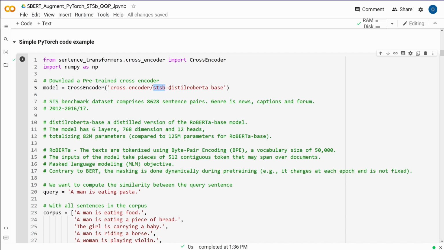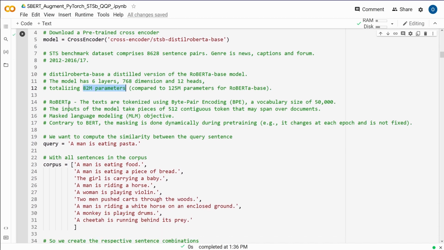Now the second part, as you already guessed, is our model. We have a distilled RoBERTa base model, a distilled version of the original RoBERTa base model. Our specific model has 6 layers, 768 dimensions, and 12 heads, in total 82 million parameters, compared to the original RoBERTa's 125 million parameters.